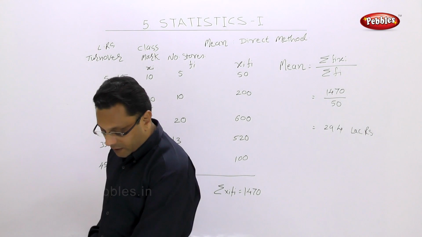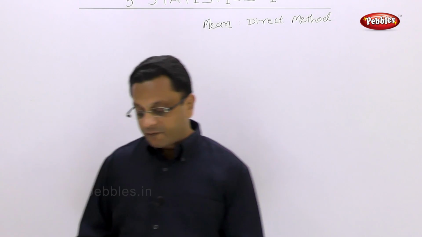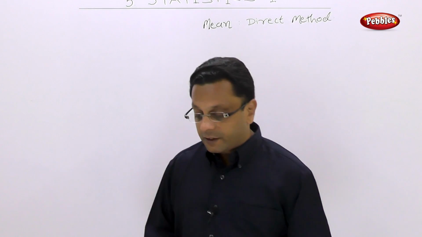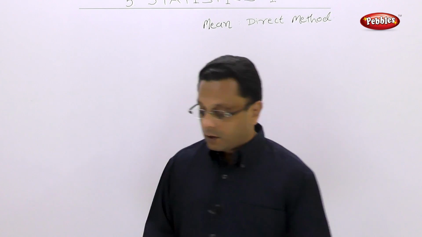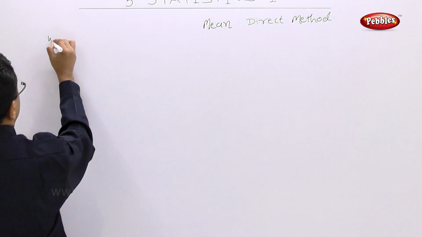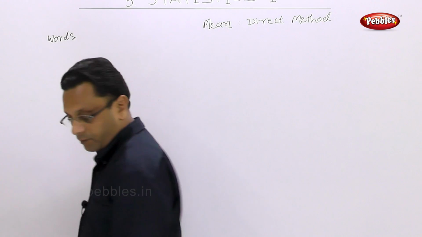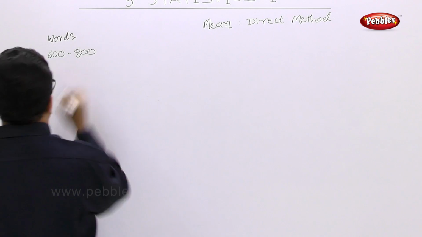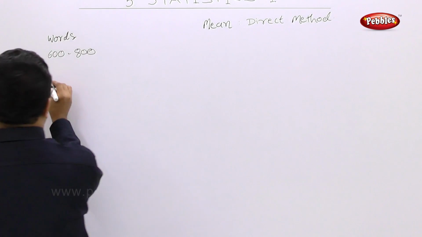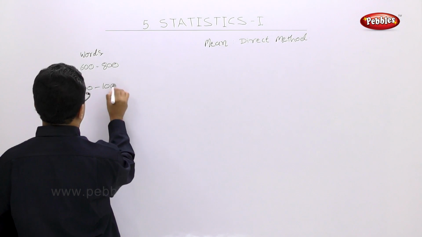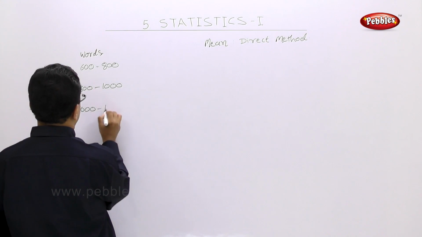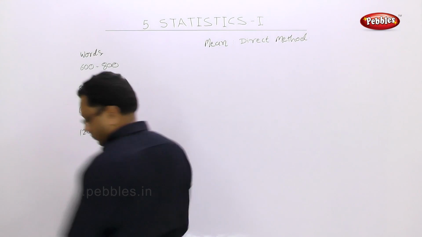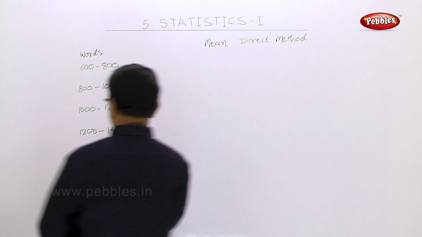Let us see one more example. Below is the given frequency distribution of the number of words written in an essay by each candidate and the number of candidates. The words are given: 600 to 800, 800 to 1000, and so on.